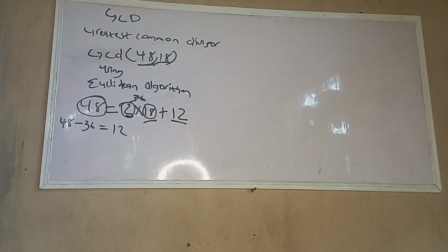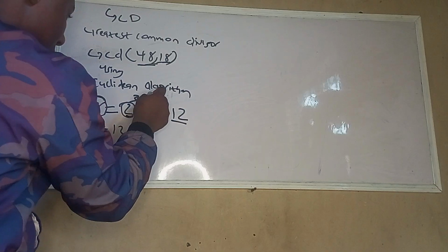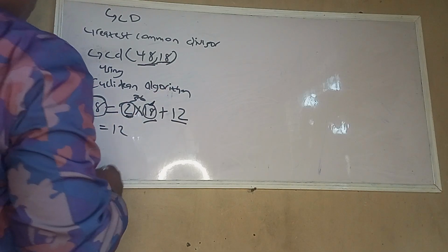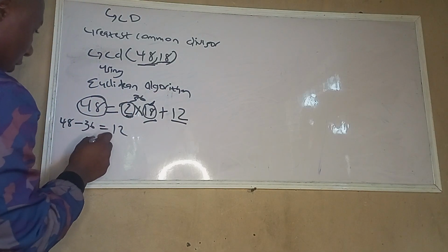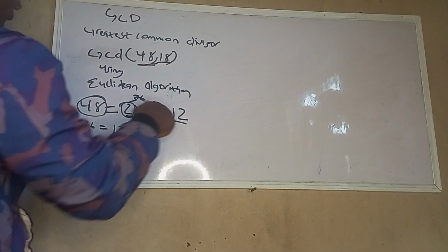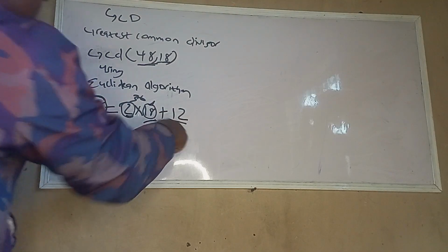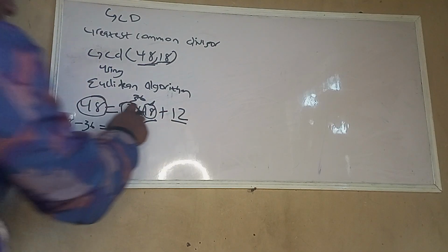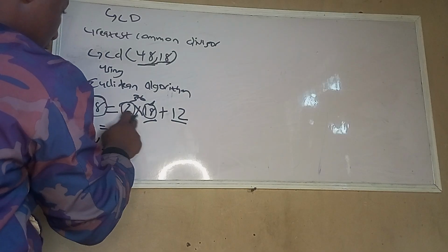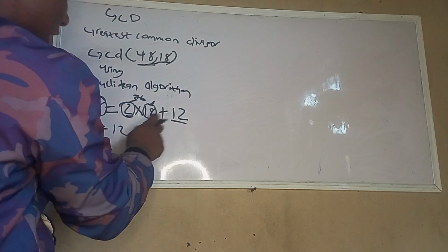So now you take this 18. 18 is equal to, with this remainder 12, you now say: how many 12 can you get in 18?